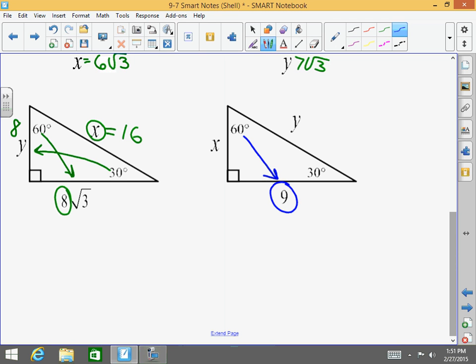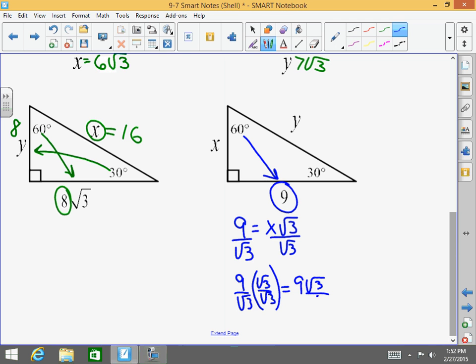The side across the 60, which in this case is 9, equals the small side times radical 3. How do you solve for x, the small side? Divide by radical 3. So then, now I must rationalize, correct? But when I rationalize, I'm going to get, in this case, 9 square root of 3 over 3.